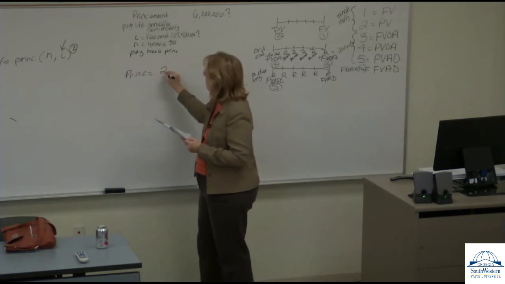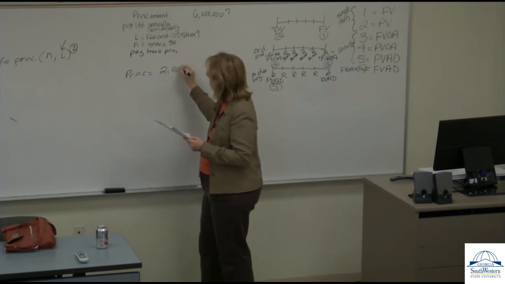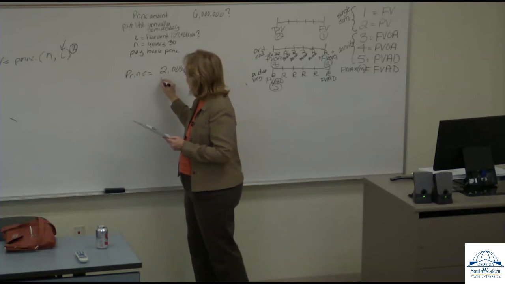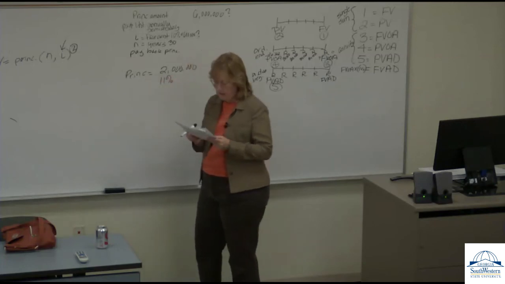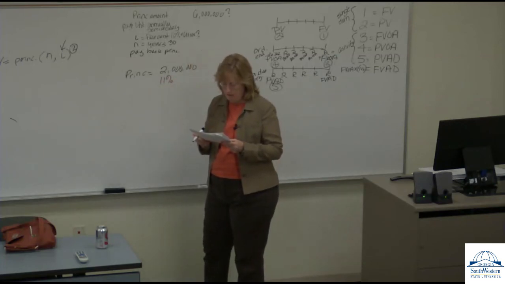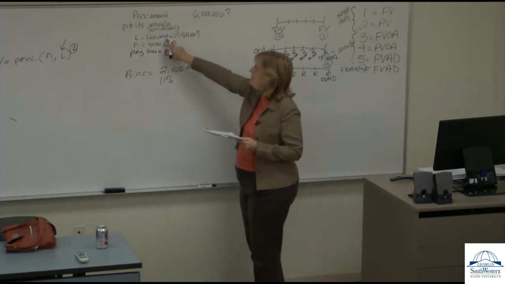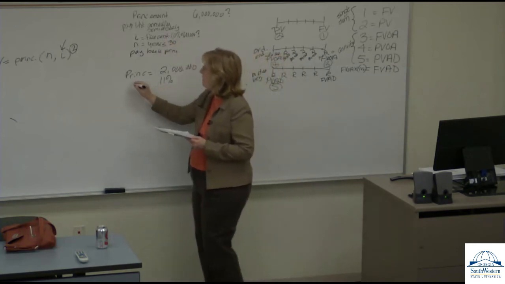It's a $200,000 bond. They gave us an 11% interest rate. This is by issuing a 11% bond. What does that mean? That is the face amount interest rate.